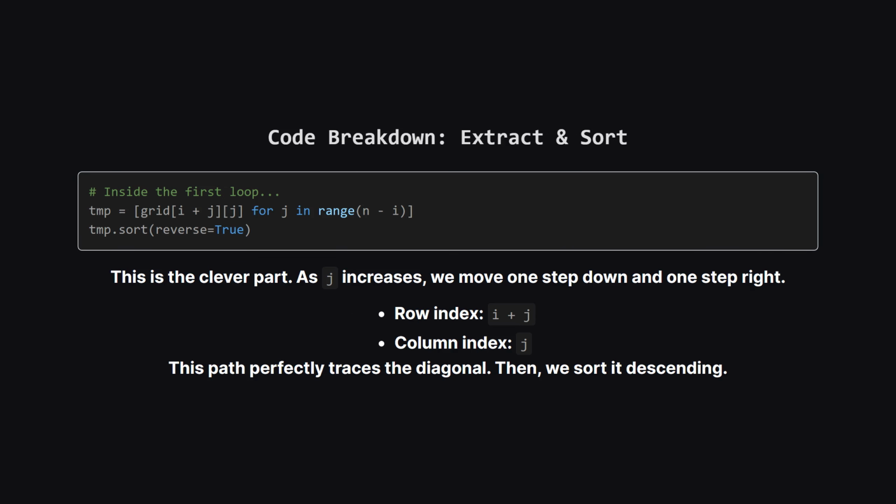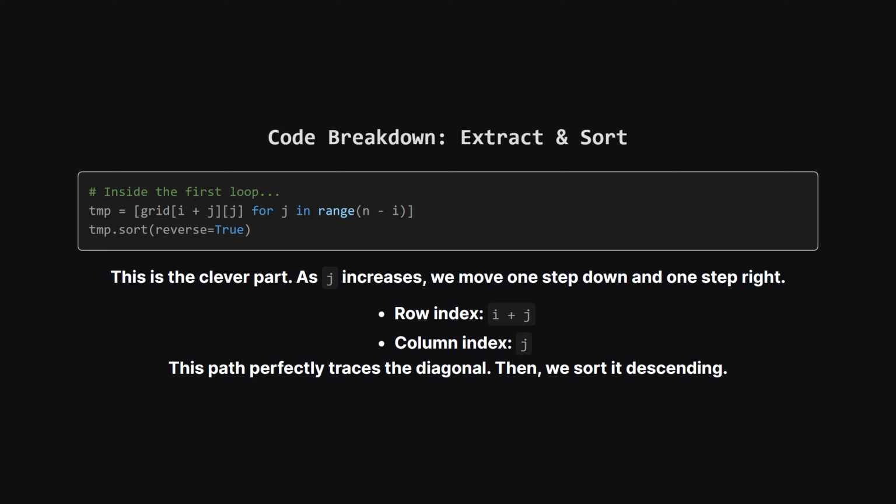Inside that loop, this line is what actually walks along the diagonal. We use a second loop with a variable j. Notice how the row index is i plus j, while the column index is just j. As j counts up, 0, 1, 2, we move down and to the right, collecting all the numbers from that diagonal into a temporary list.